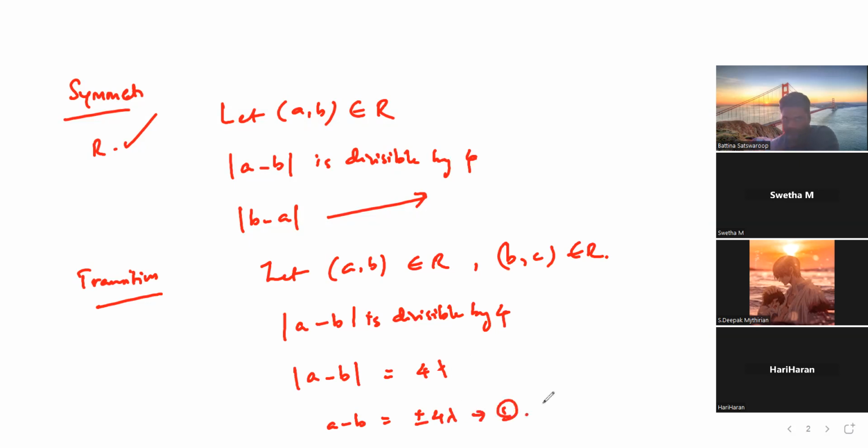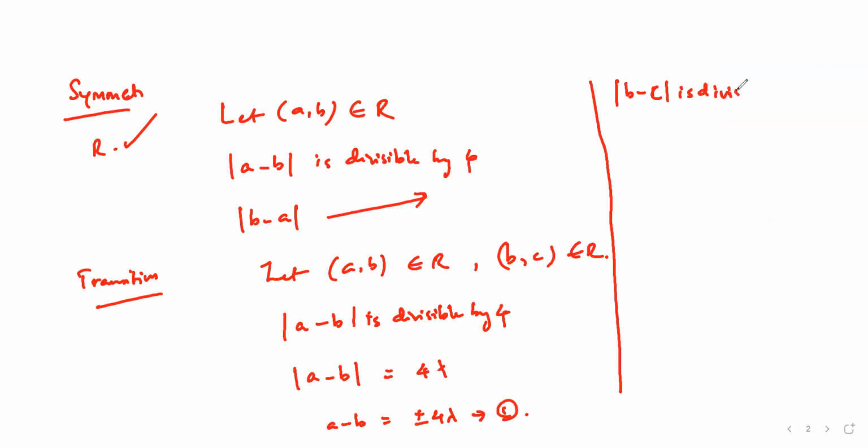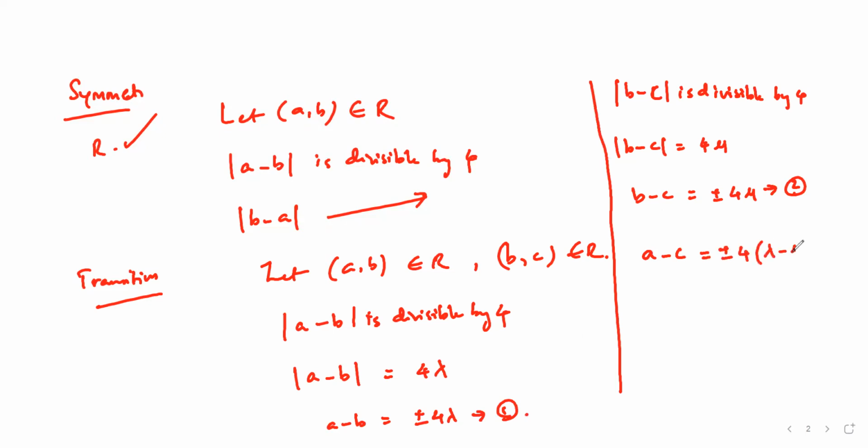Let us say this is equation 1. Then modulus of b minus c is divisible by 4, so modulus of b minus c = 4 mu, and b minus c = plus or minus 4 mu. Let us say this is equation 2. Now adding 1 and 2, I get a minus c = plus or minus 4 times (lambda plus mu) or (lambda minus mu). Right?